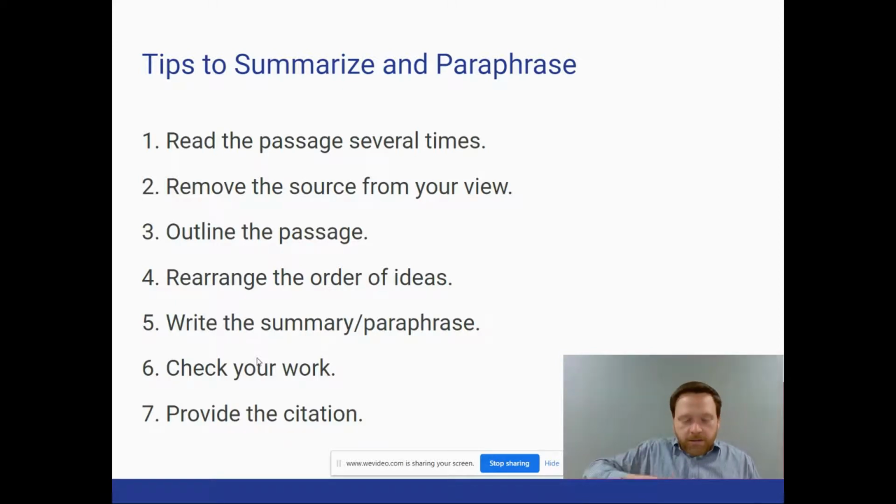Instead, read it once, twice, 3 times, push it to the side, and then you try to put together what you think was most important and what you thought was valuable that the author was presenting, and then write that out without looking back.